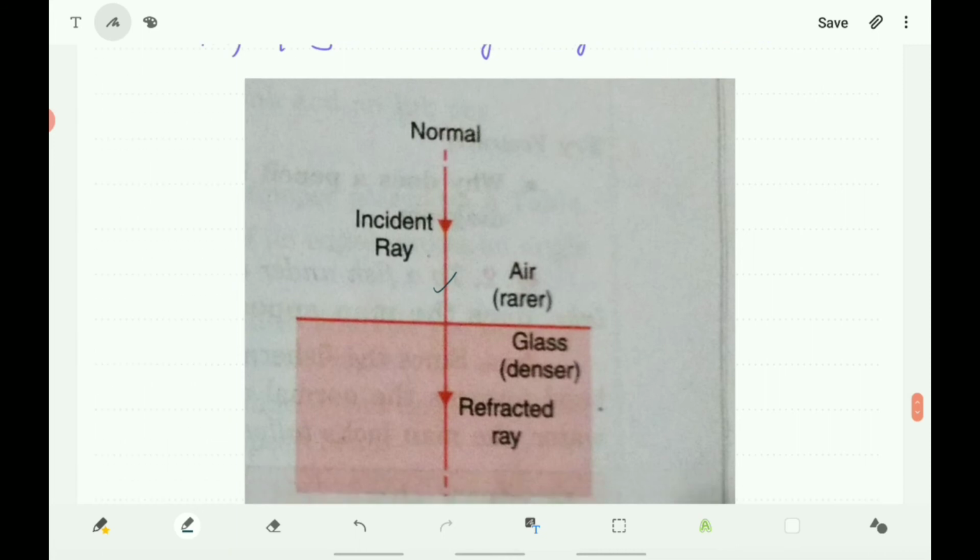So you can conclude that when a ray of light is incident normal to the surface, the ray of light traveling along the normal passes undeflected. There is no refraction here, there is no change in the path.